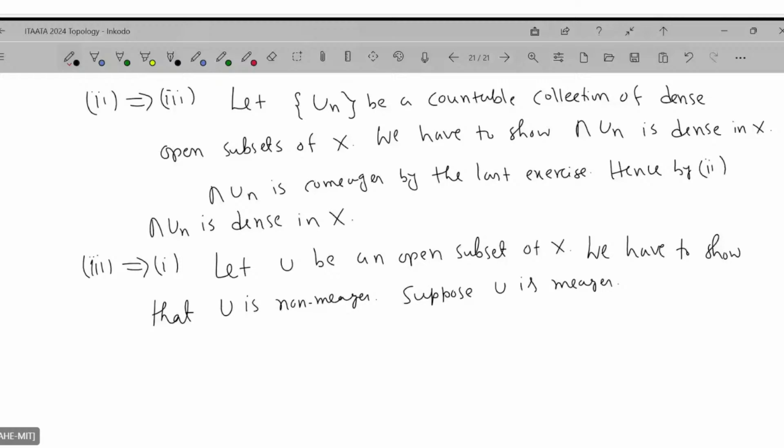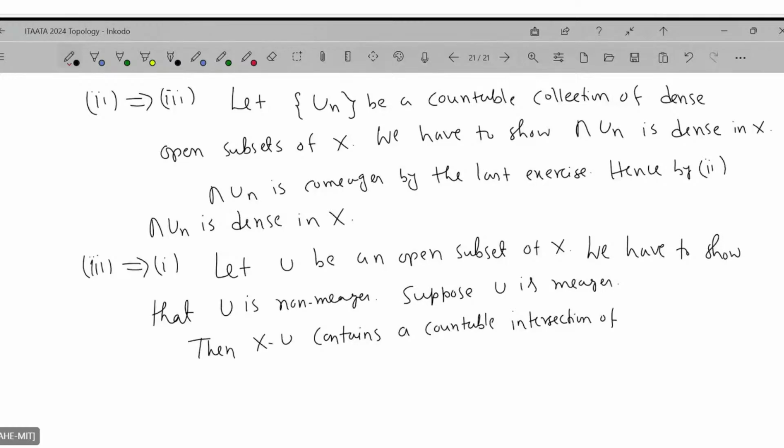Suppose U is meager, then X minus U contains a countable intersection of dense open sets.